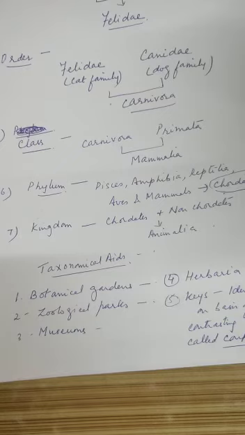So these parts are dried completely by putting them in newspapers or in between the blotting papers, and when they are completely dried, they are treated with an insecticide, and finally the specimen is mounted on the specialized herbarium sheets.